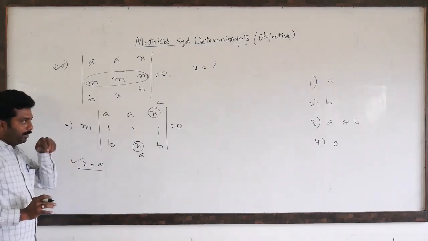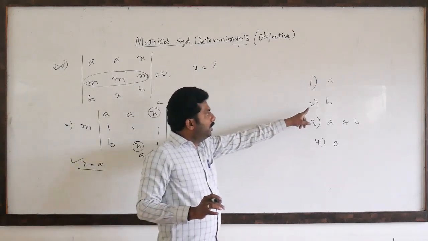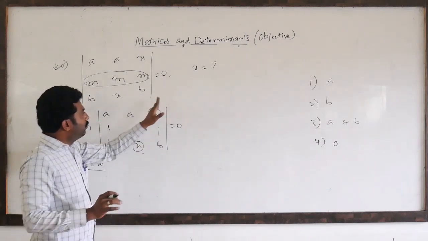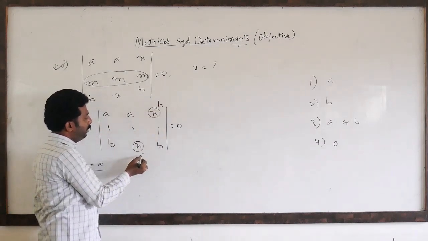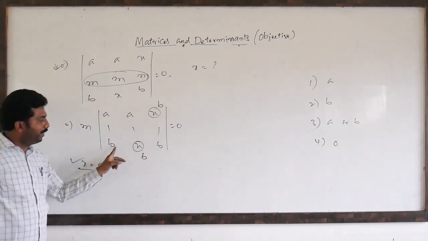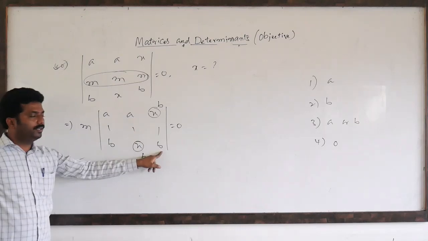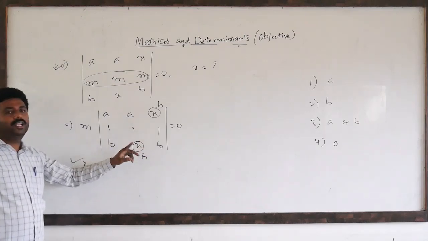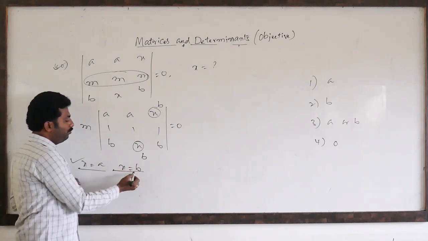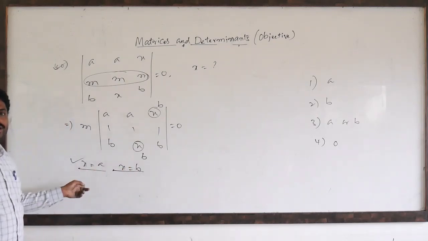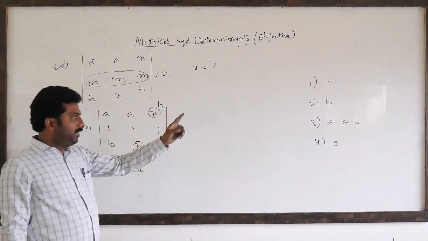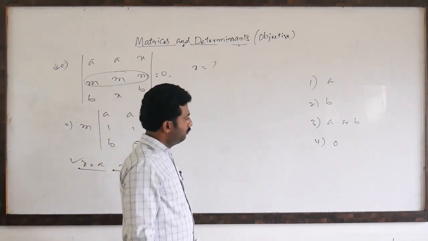Next, second option, x equal to b, if I substitute, this is b. If I take b common, it means 1 1 1, so these two rows become identical and the determinant will be 0. So x equal to b is also one possibility. So the third option, a or b, no problem.